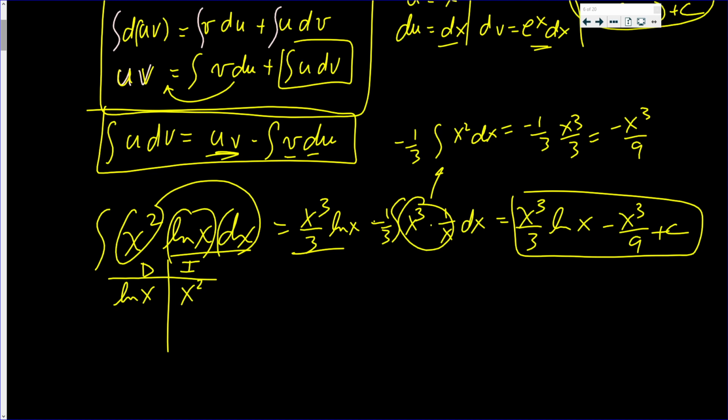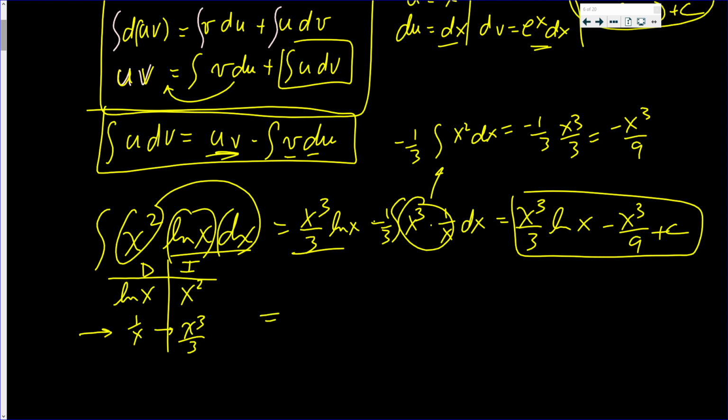The derivative of ln of x is 1 over x. The integral of x squared is x cubed over 3. Once I know how to integrate that product, I stop.